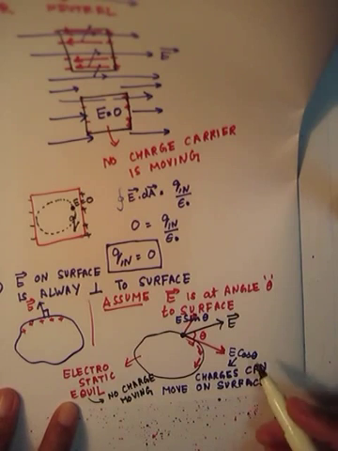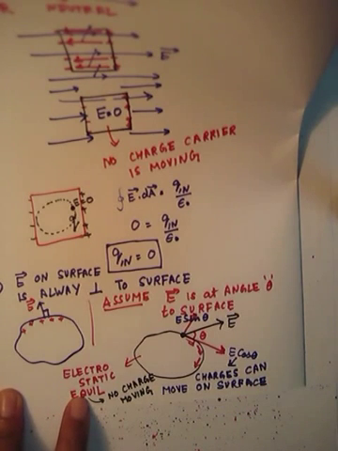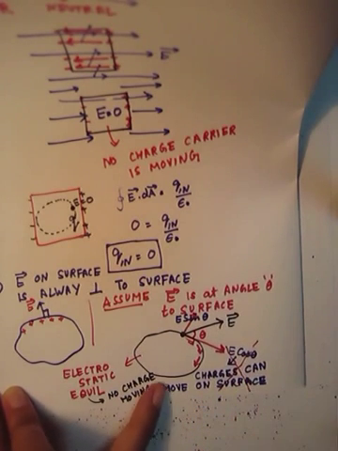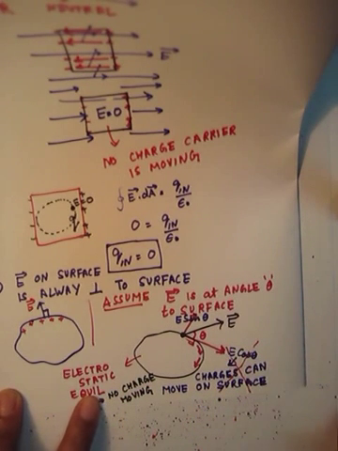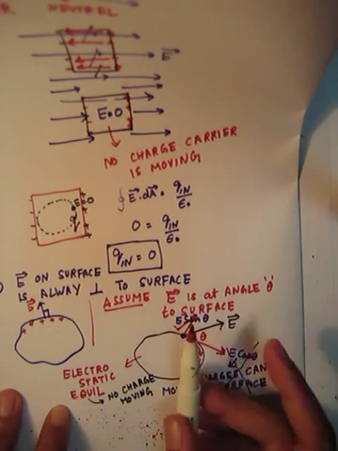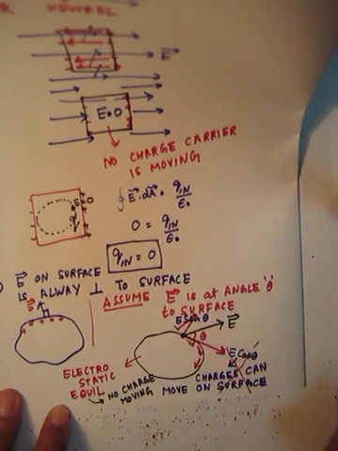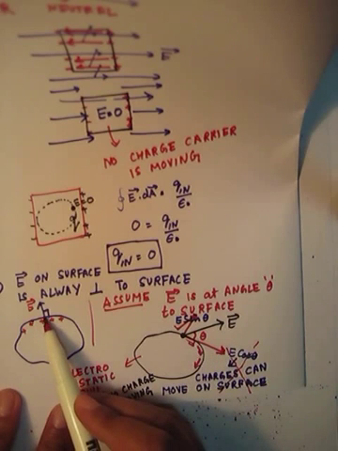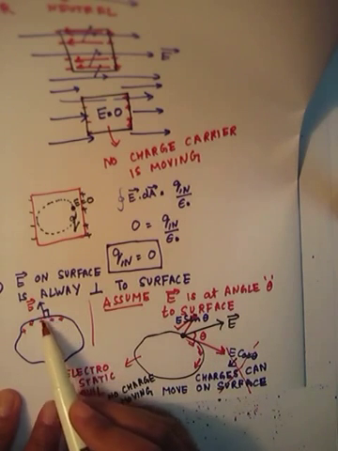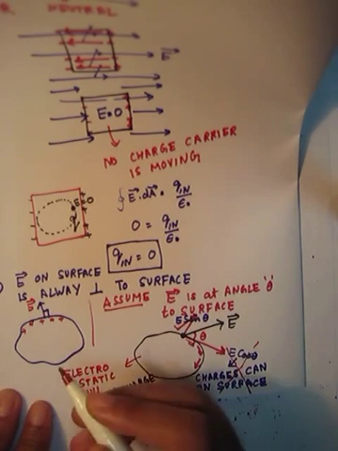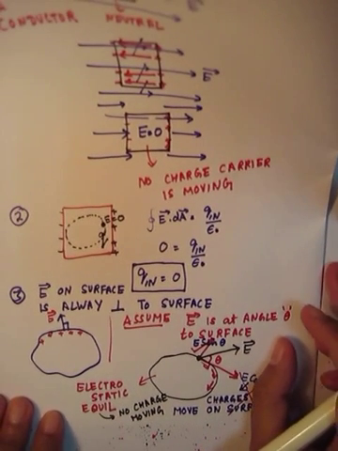So this cannot be true. It's false. You cannot have this component of the electric field, and you will have only one component, which is perpendicular to the surface. So the electric field cannot be at any angle to the surface, so that there is no component parallel to the surface and no charge will move.